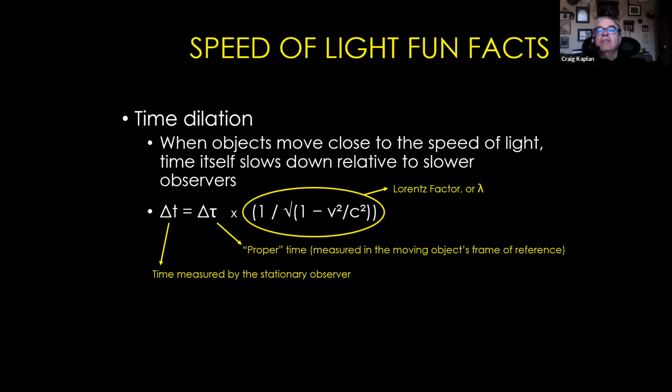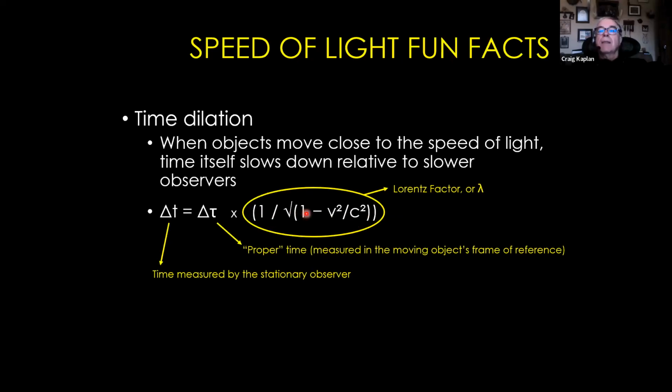So at everyday speeds, v is incredibly smaller than c. So when v is vanishingly small, this ratio becomes close to 0, and then this whole term becomes 1 over 1.